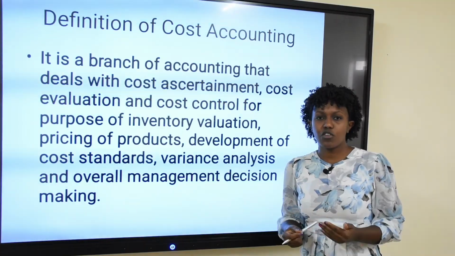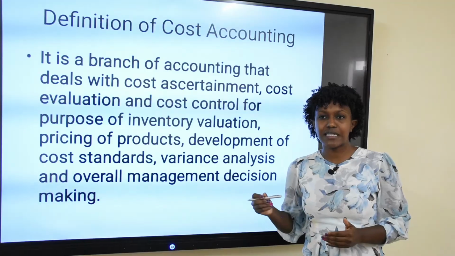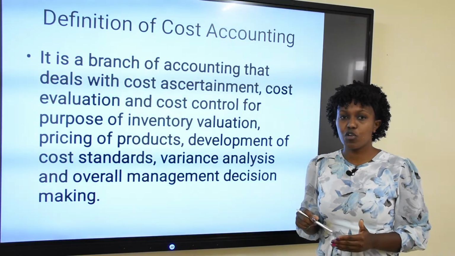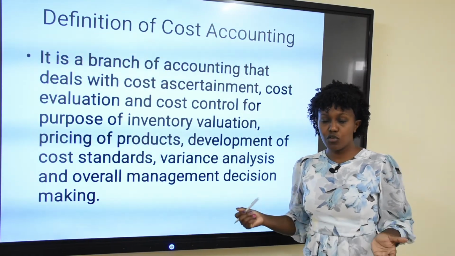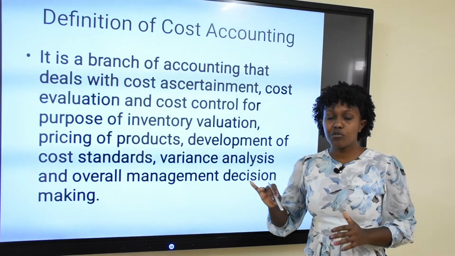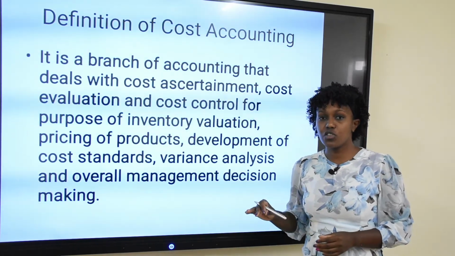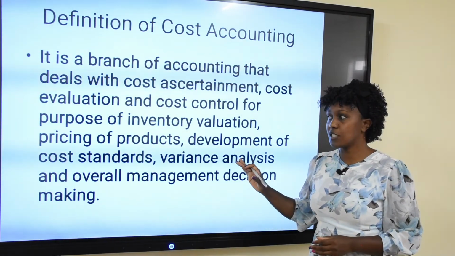Once we have evaluated the cost, we're able to identify whether it was more than we expected or less than we expected, and then we can do cost control, or controlling of the cost. So this branch of accounting, where we are dealing with costs from ascertainment to evaluation and cost control, is the one that we call cost accounting.